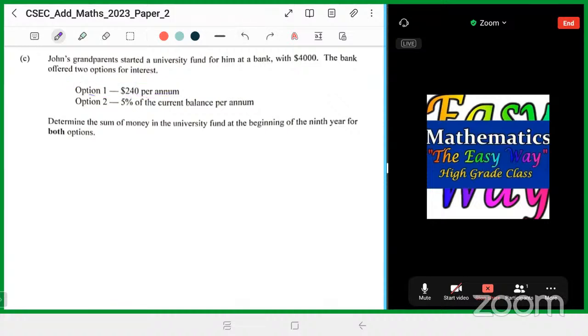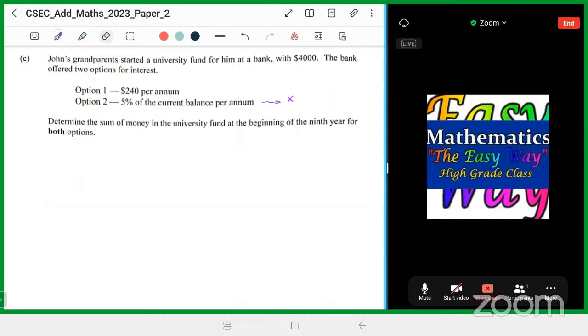The second one is an interest of 5% on the current balance. So in option 1, we're adding $240 every year. In option 2, we are adding an interest of 5%, which means we are multiplying, so the new value is going to be 105%.